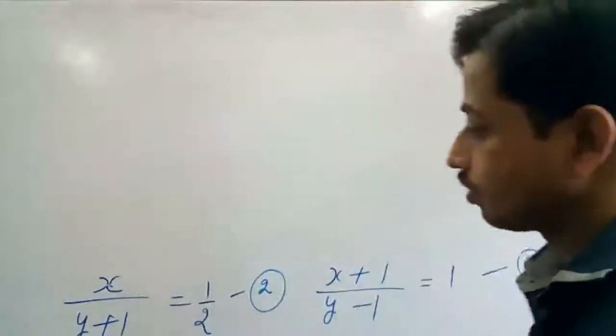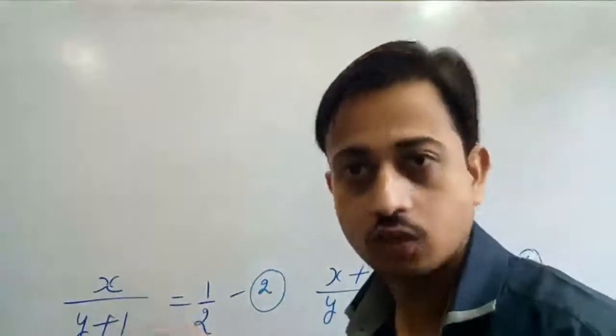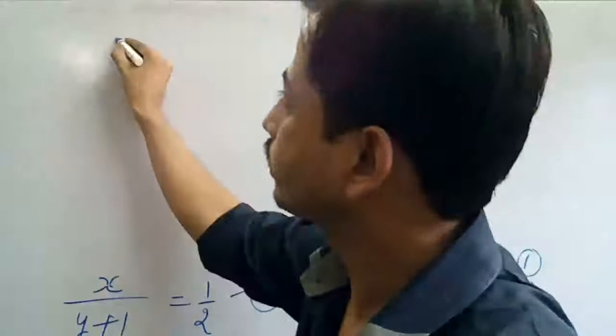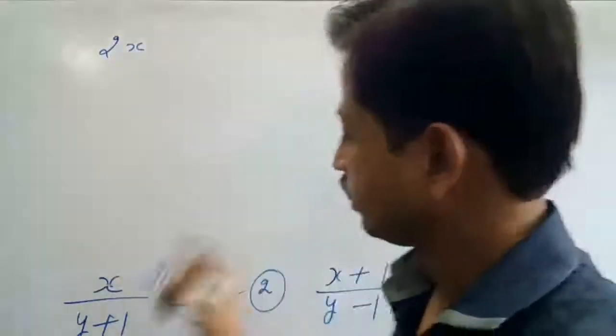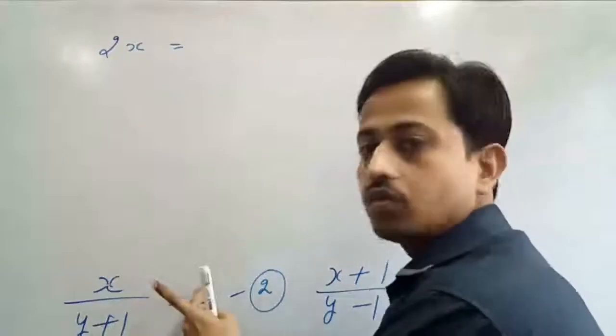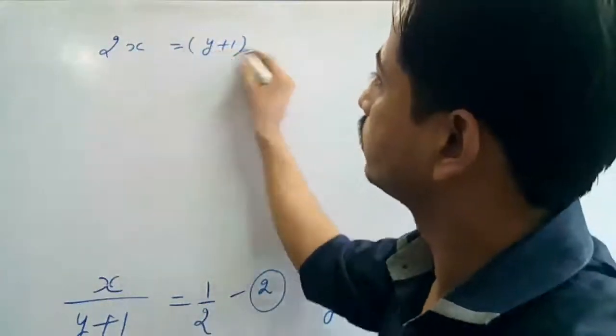Now I am going to solve. Please note it. I am doing cross multiplication here. You know what cross multiplication is? 2 is multiplied with x, I get 2x is equal to y plus 1 multiplied with 1.